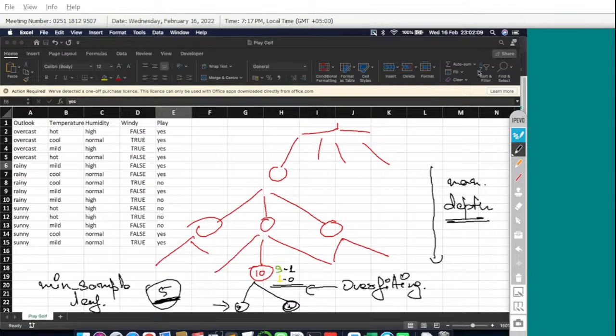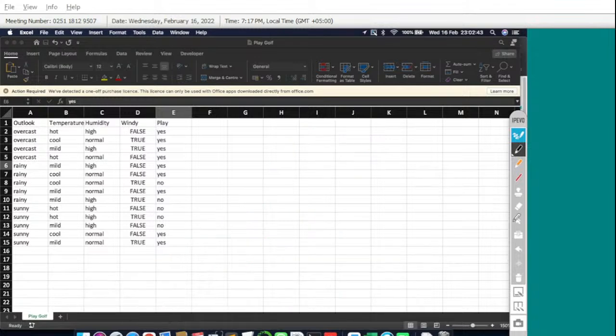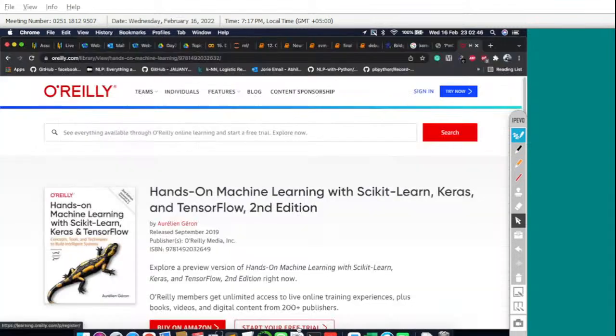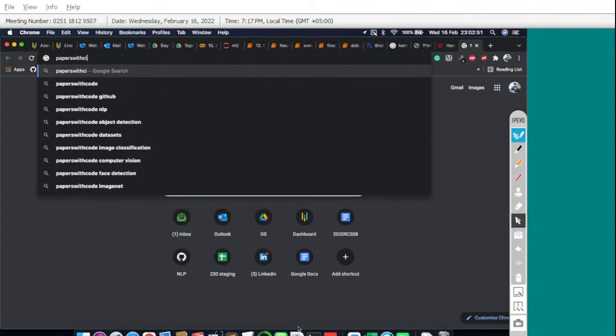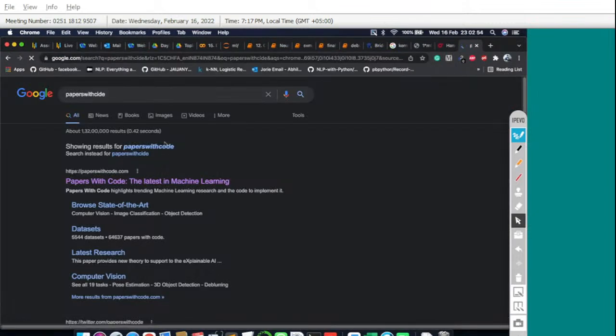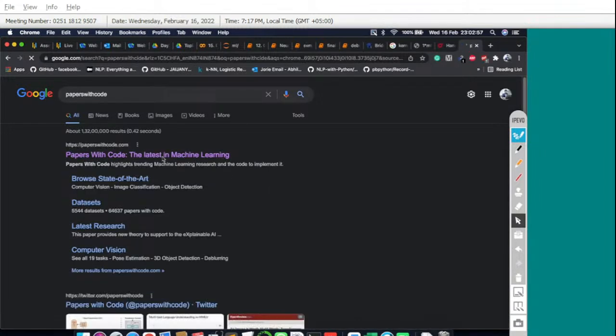GitHub is there, but if you want to explore research papers, there is a website called Papers with Code, latest in machine learning. It has the codes and the research papers of different projects, different tools, and also algorithms.